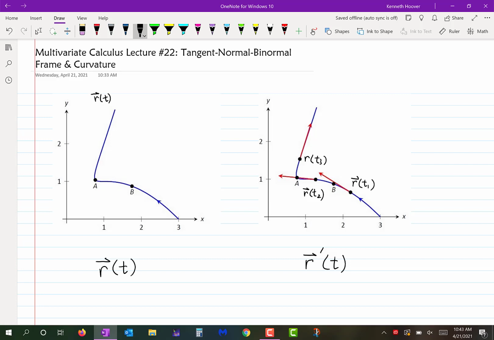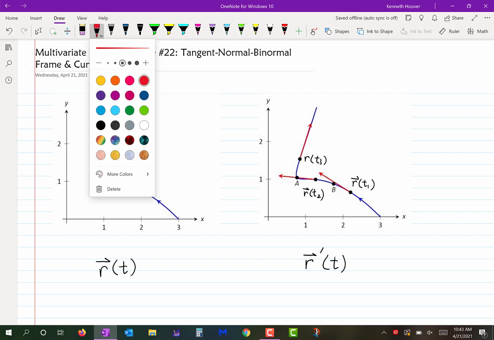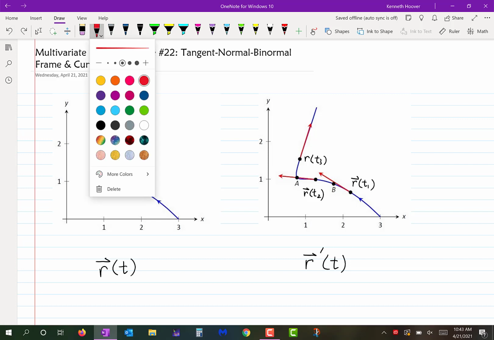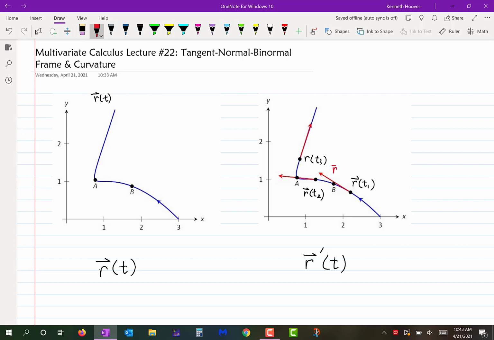We could calculate tangent vectors there, but the person who drew this picture just didn't do that. Okay, so now we could say this, that first red vector is R prime of T1. The second red vector I could say is R prime of T2. And the third red vector I could say is R prime of T3. Okay, now that would not be wrong.